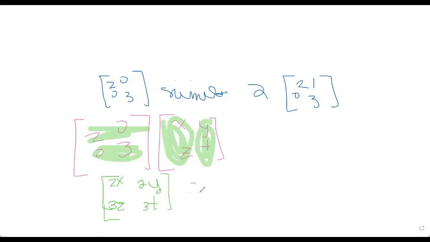And that has to be equal to this, where we do x, y, z, t, multiplied times our other matrix, 2, 1, 0, 3.